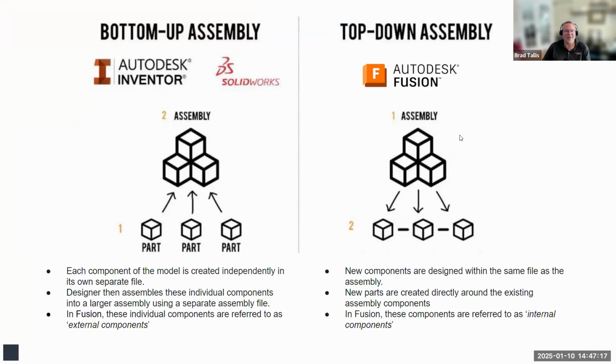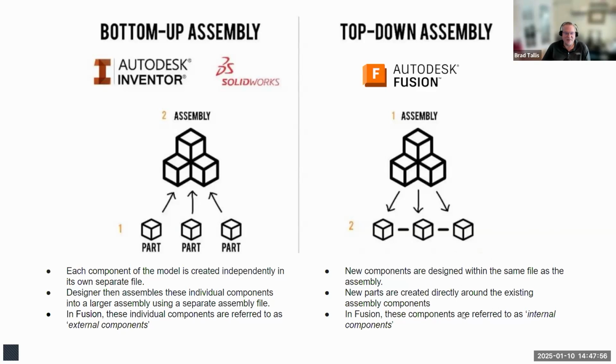Now, what I've been showing is this top-down assembly. For example, that pencil sharpener was a top-down assembly. New components are designed within the same file as the assembly. New parts are created directly around the existing assembly components. Like I mentioned, I started with the base, then I created the middle, then the clear part, then the top, and I used all of those parts to help me design the next part.